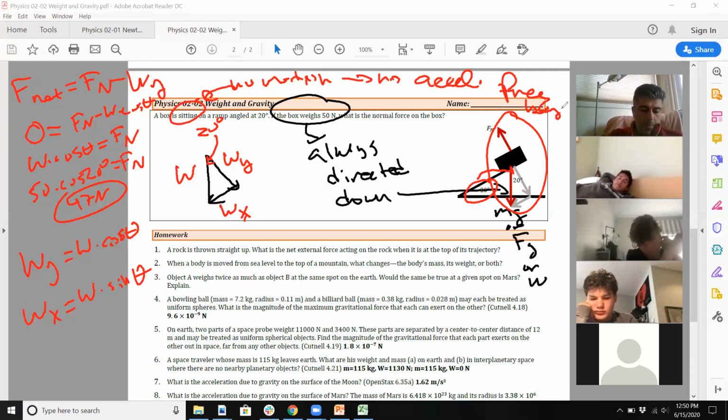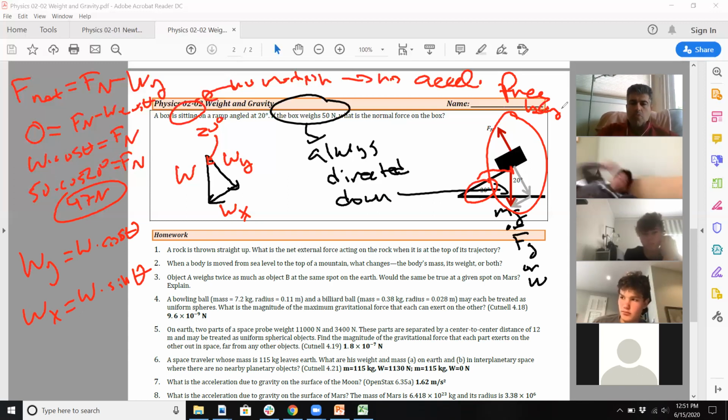So we're going to do a little bit of practice in just a bit. Kind of give you a little bit of a push here. So let's look at maybe 4 through 7. So I'm going to clear all these drawings.